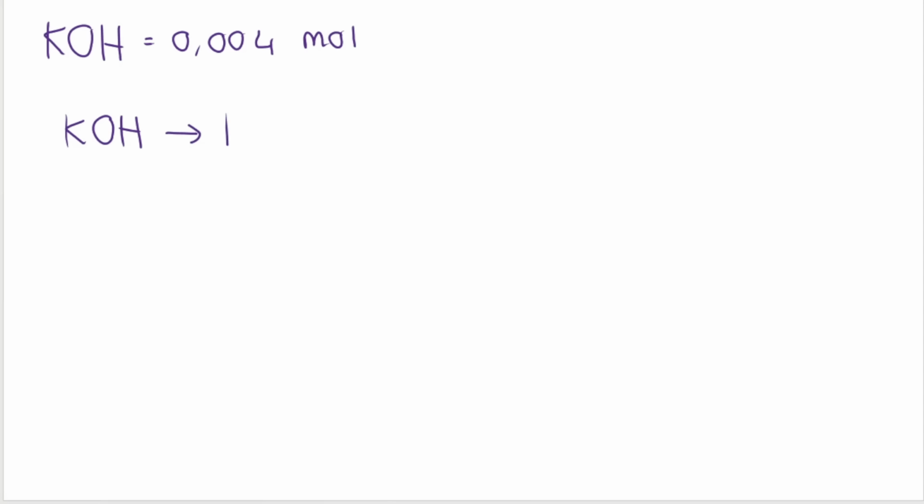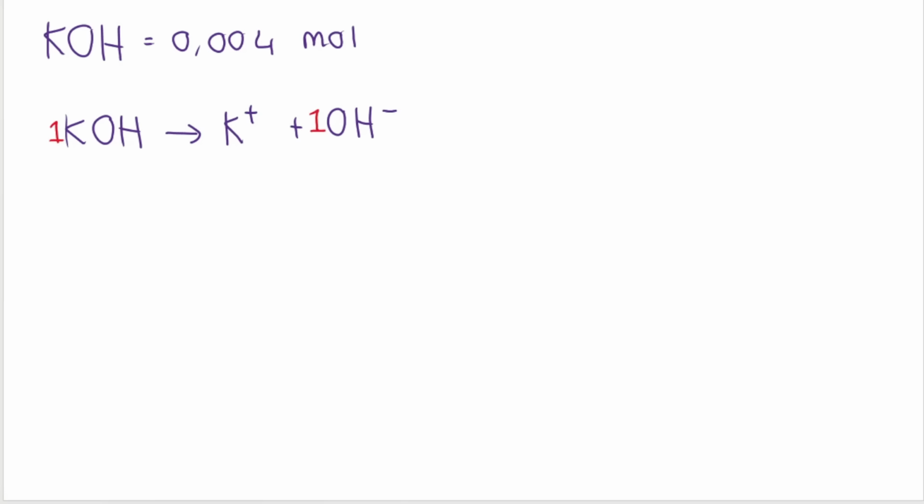What I now know is that the moles of the base left over is 0.004 moles. I also know that this base, how it breaks up in the water is as follows. It forms K plus and OH minus. Do you see that this dissociates in water in a 1-to-1 ratio?